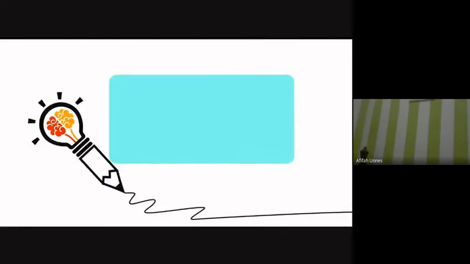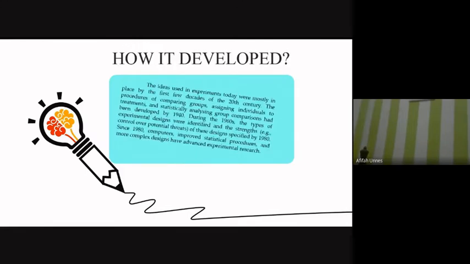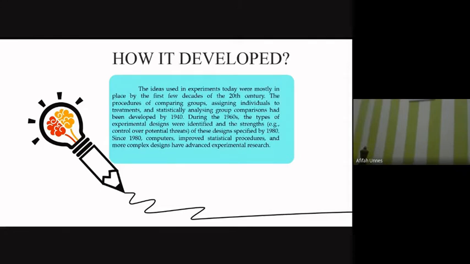Next, how it developed. The ideas used in experiment today were mostly in place by the first few decades of the 20th century. The procedures of comparing groups, assigning individuals to treatments, and statistically analyzing group comparisons had been developed by 1940.